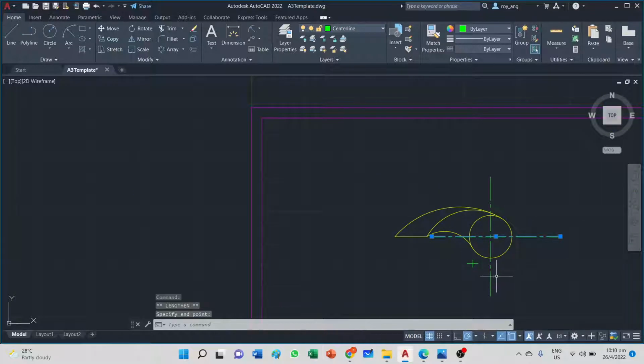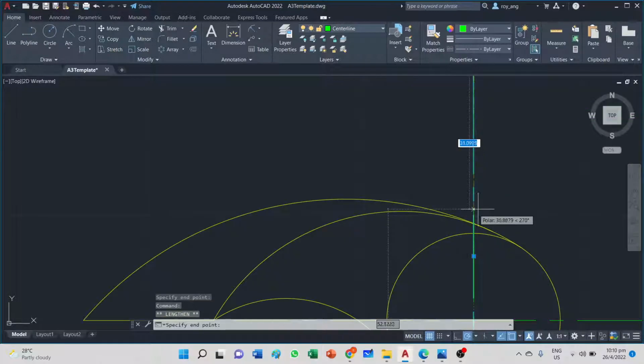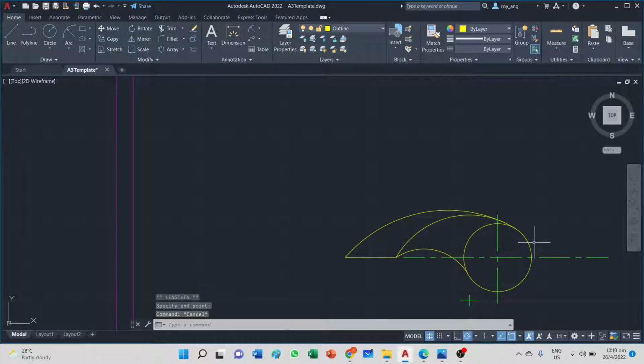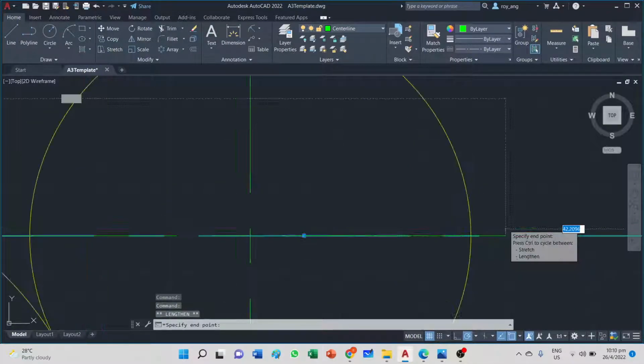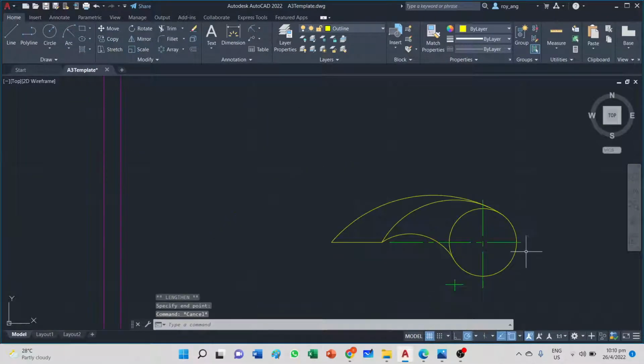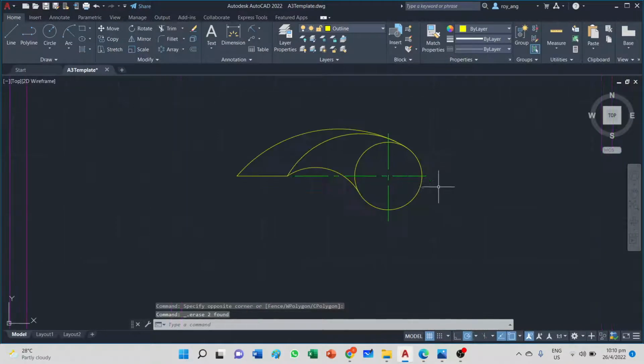Okay, there's one more here. Lengthen and we shorten it. Okay, and when you look at the diagram, we don't need this green center line. Okay, then this is it.